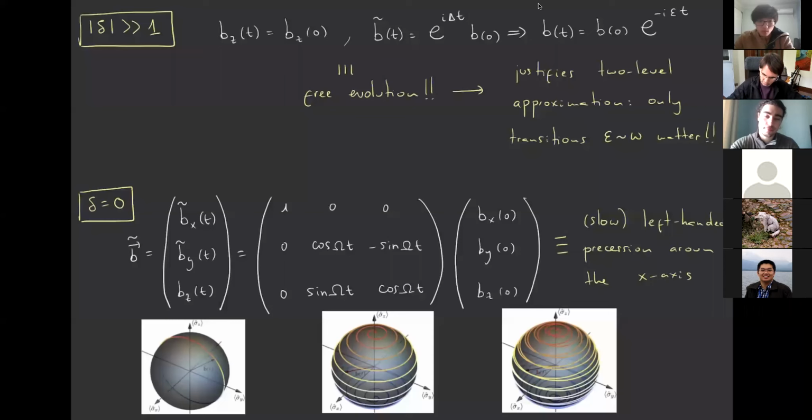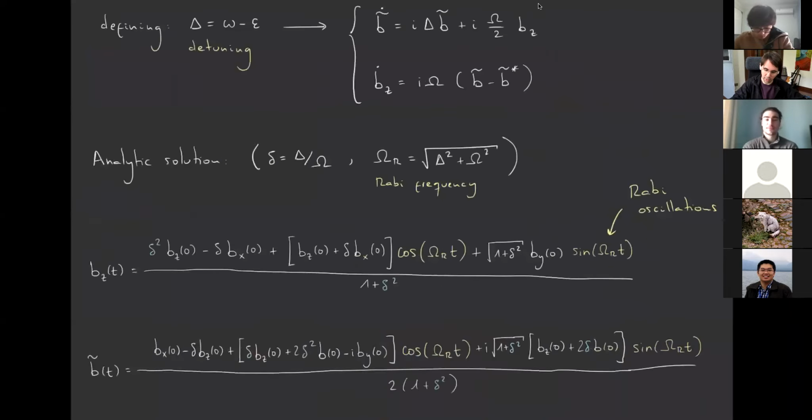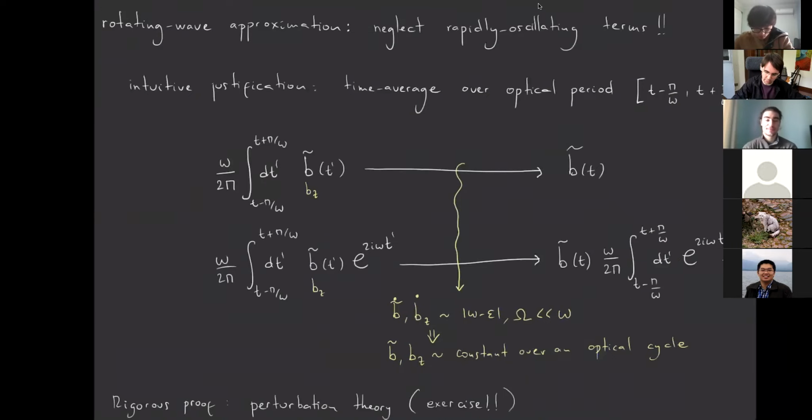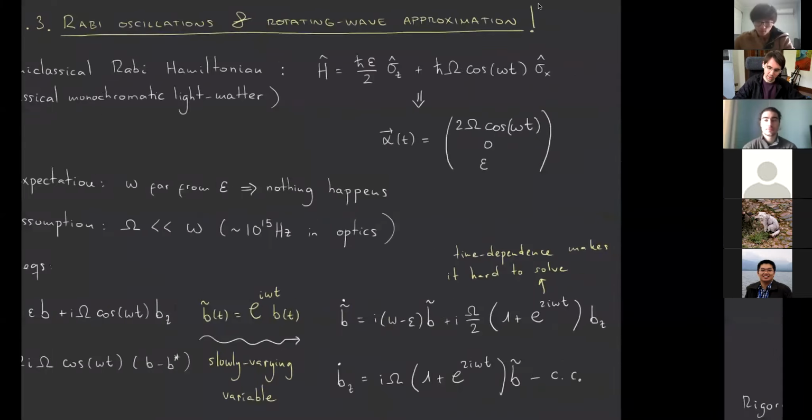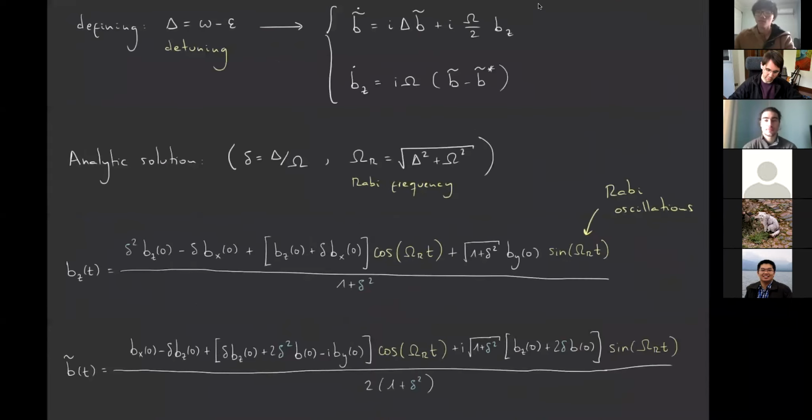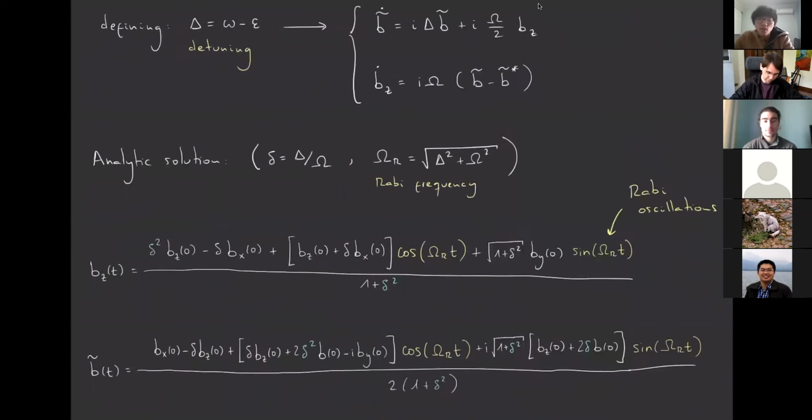So welcome back from the break. We were analyzing the evolution provided by this Hamiltonian that describes the interaction of our atom with a classical monochromatic beam, or classical monochromatic light. What we have seen is that we can find the solution analytically if we make the rotating wave approximation.